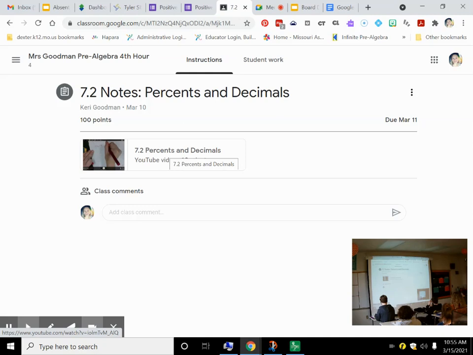Whenever we get started, if you have finished these notes, you need to raise your hand and I will come around and check your notes. Now, there's a lot of people in here, so it might take me a little bit to get to you. So if you finished your notes and you're waiting on me to check them, you're more than welcome to go ahead and get started on the next assignment while you're waiting. But make sure you have your notes completed before you start the next assignment.